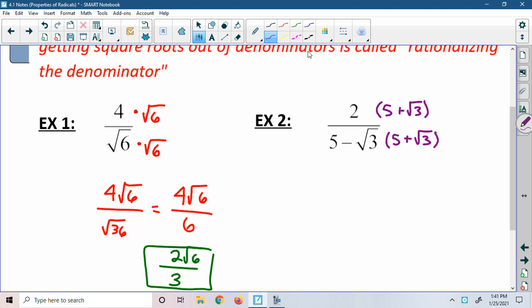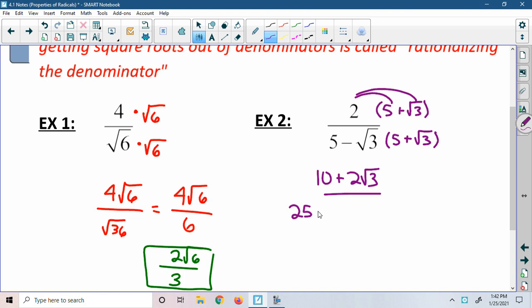And if everything works out right, all of the square roots in the denominator should cancel out. On top, I'm going to distribute that 2, so it'll be 10 plus 2 square roots of 3. On bottom, I'm going to start my foiling, so let's see.